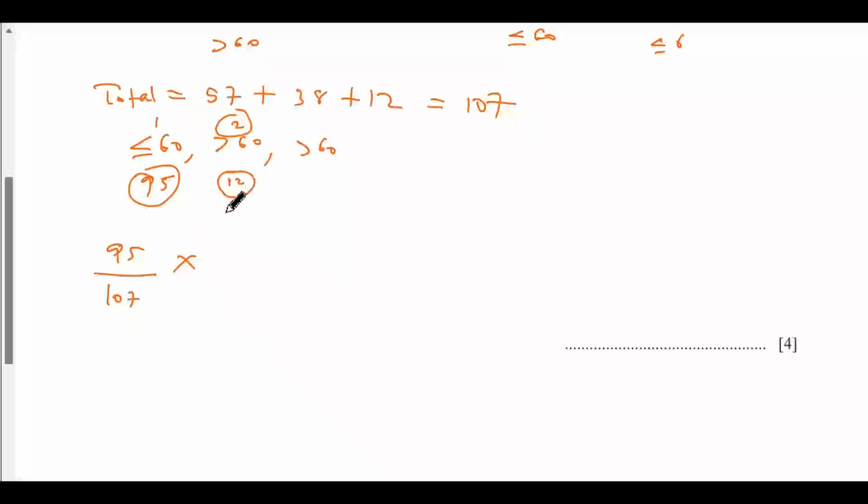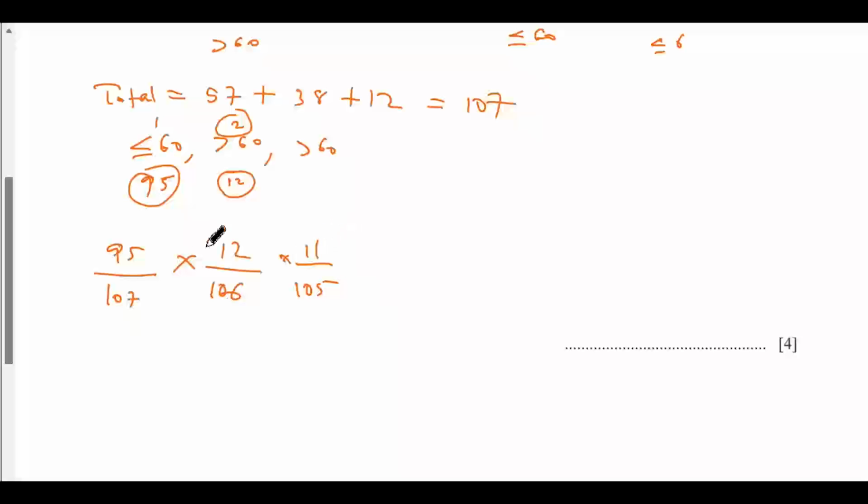That will be the second selection. Don't forget that this is without replacement, so the total is now 106. This gives us 12 over 106. We have selected another one, the total is now 105, and we are still selecting from these 12 persons. Now there are 11, so it will be 11 out of 105.